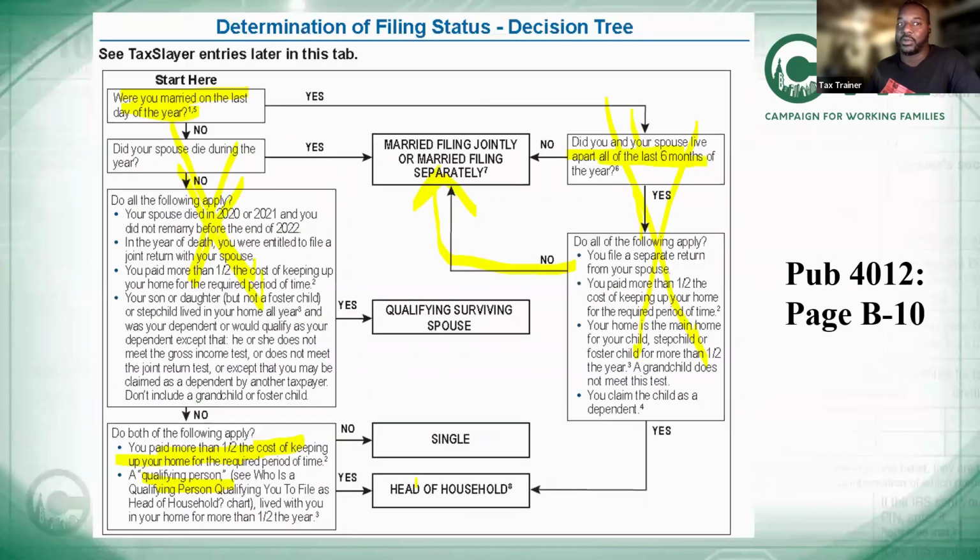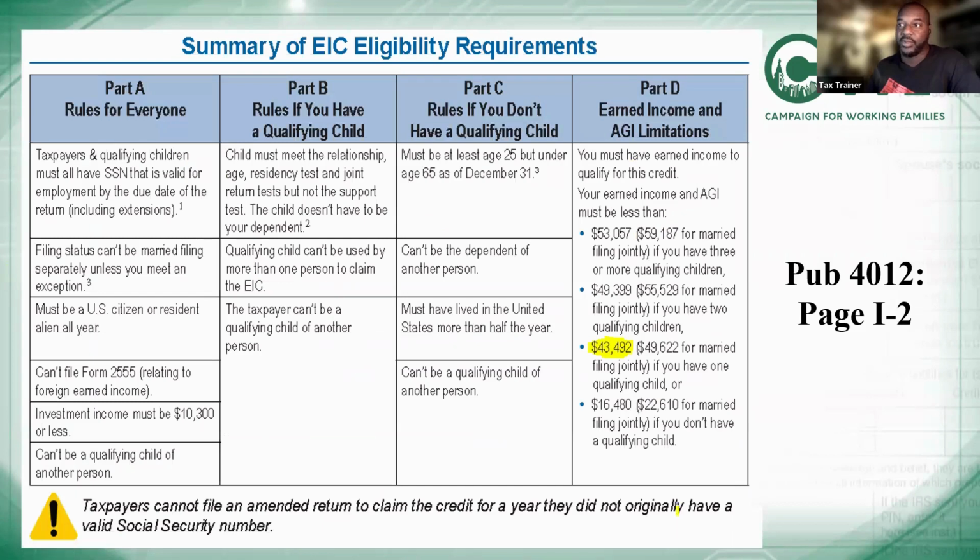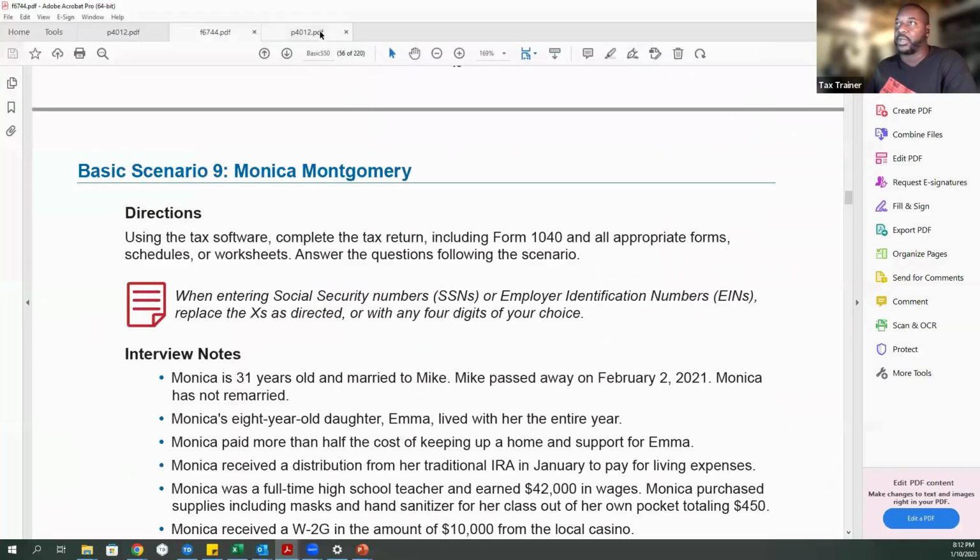Remember, we just talked about that little rule. It looked like somebody answered that it was a true statement. I want to make sure that we understand this. Remember the rule that we just read on the 4012.